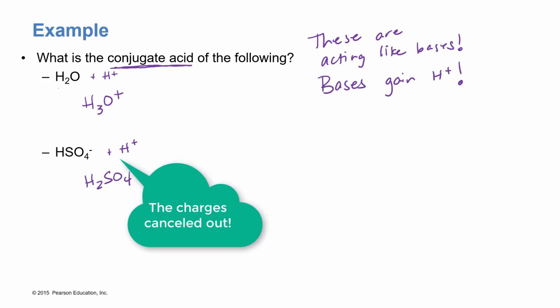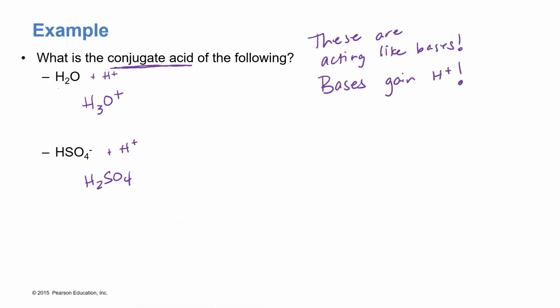All right, so I'm going to make up a reaction here. Let's say we've got NH3 plus HSO3-, which goes to NH4+ and sulfite.